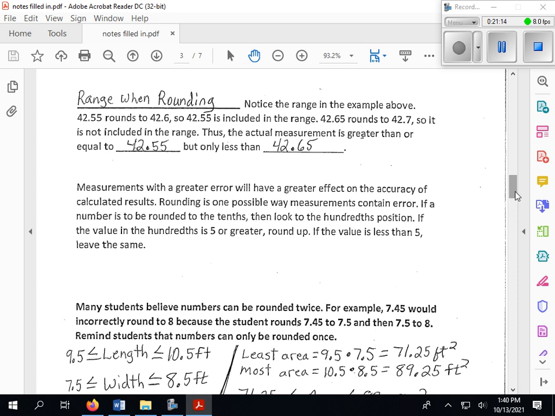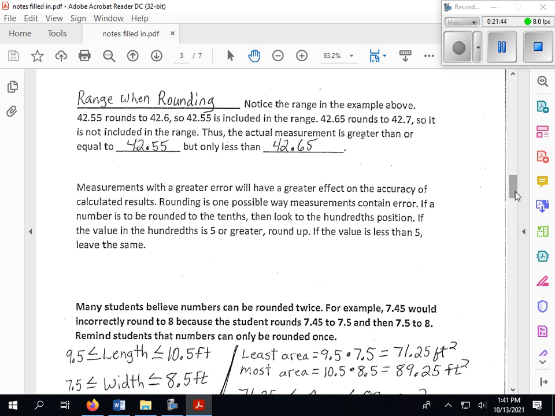To find this range, all you're going to do is subtract off that precision number, and how are you going to find the high side? Add it on. So you subtract off the precision number and add on the precision number.